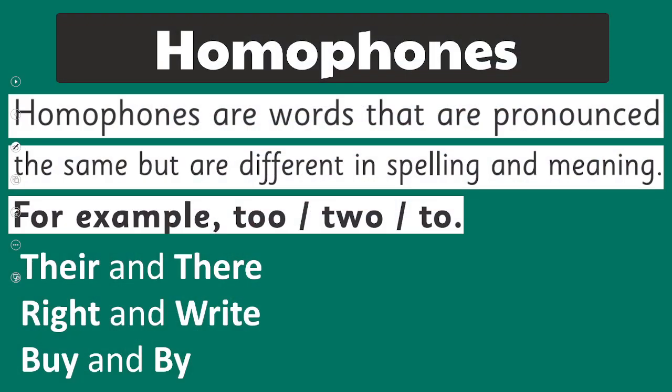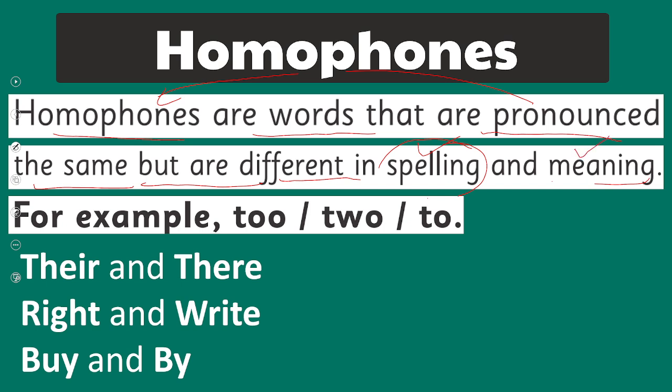Homophones, let's talk about them. Homophones are words that are pronounced the same, but they are different in spelling and meaning. Yes, only the pronunciation is the same, the spellings are different, the meaning is also different.